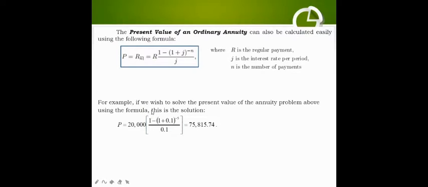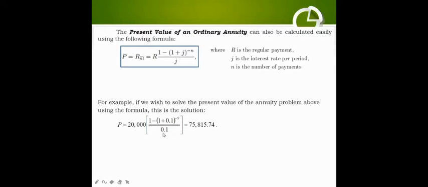So for example, if we wish to solve the present value of the annuity problem above, yung problem natin kanina, the solution is P is equivalent to, our R is 20,000 times 1 minus quantity 1 plus the interest, 10%, raised to negative n.